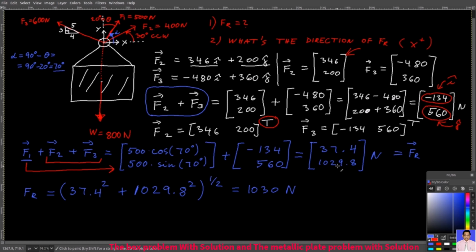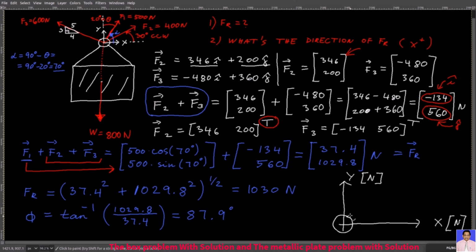You can see that both of its components are positive, which means that this FR vector lies in the first quadrant. And then its direction from the positive x-axis is the following. Inverse tangent of 1029.8 over 37.4, so the y component divided by the x component. That gives me 87.9 degrees.